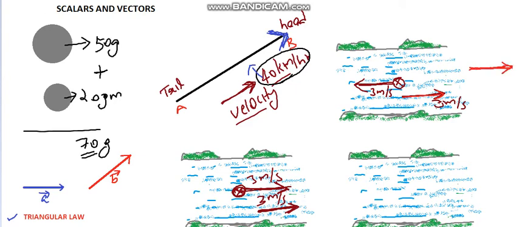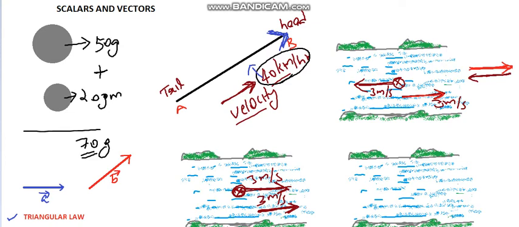This is representing the velocity of the water stream flowing through the river. And the second case is the vector which is the velocity of the person who is swimming against the direction of the flow of water.